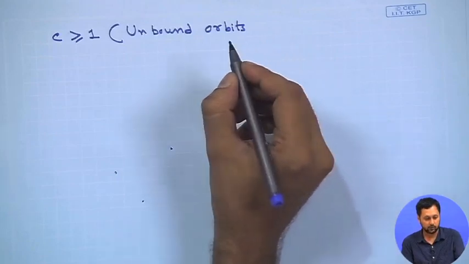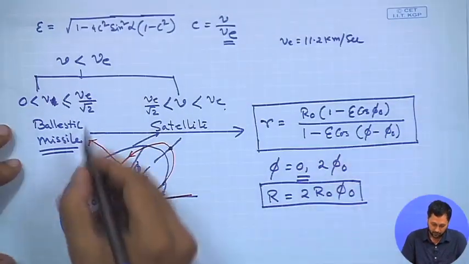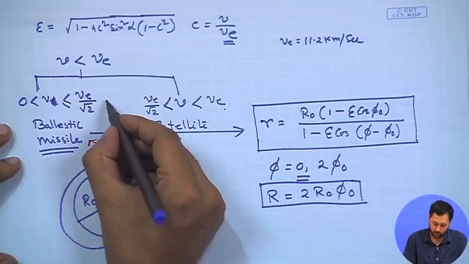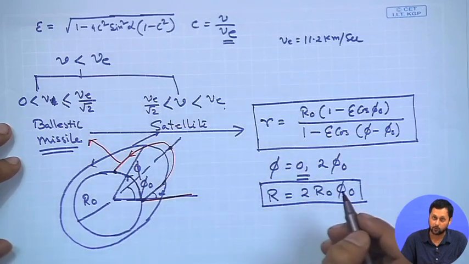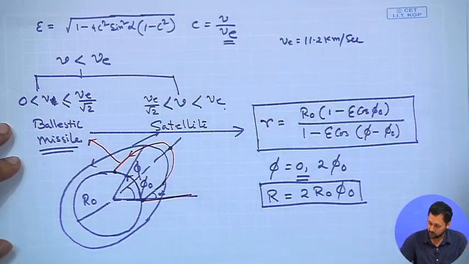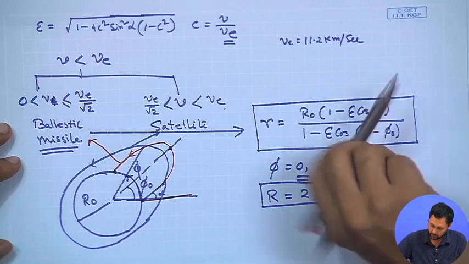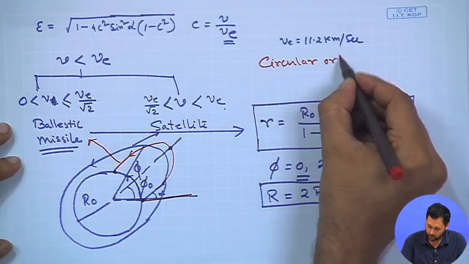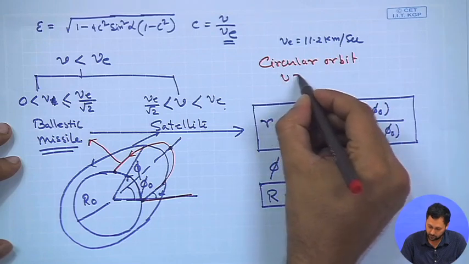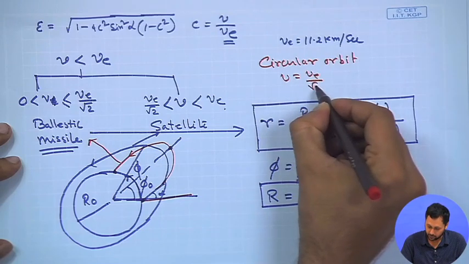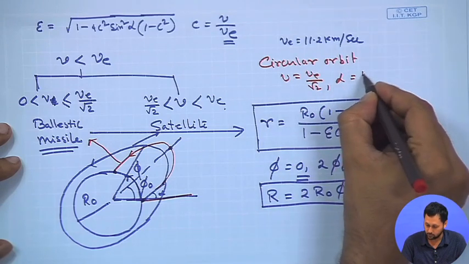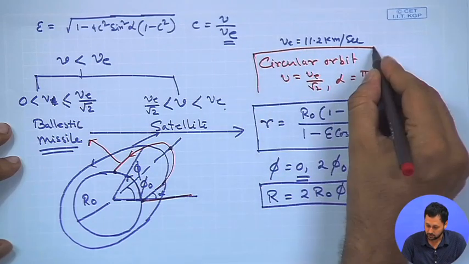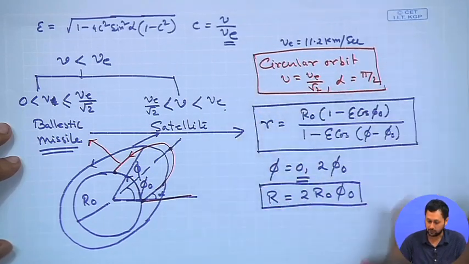Also, in this particular case when v equals ve by root 2 and alpha equals pi by 2, we have a circular orbit, which we have also discussed. This is what we have seen.